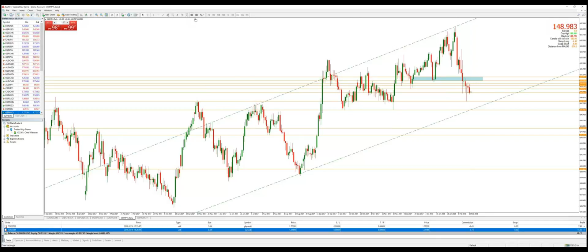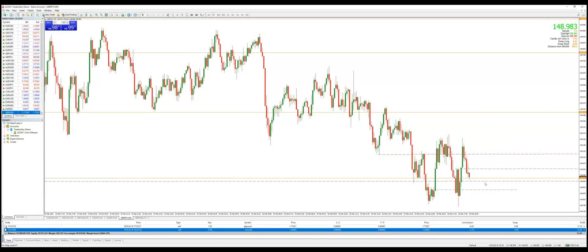That seems reasonable because when we look at this level and how many times we've been here, 1, 2, 3, 4, 5, 6, 7, 8, 9, 10, 11, 12, a lot of times. So we could have a breakdown here.